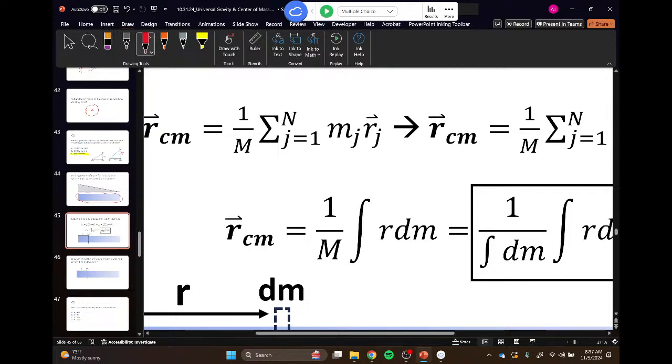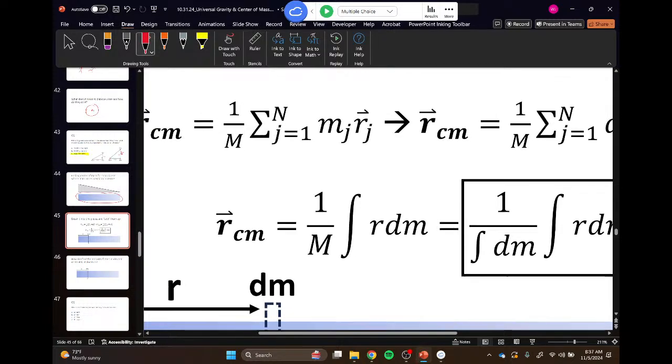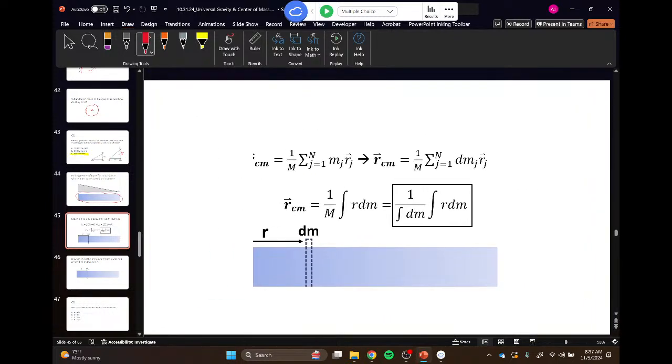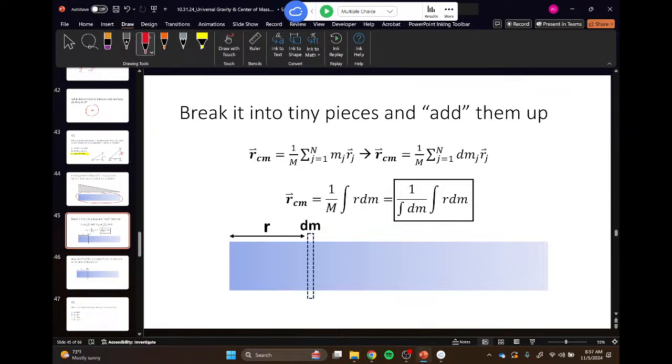And the problem is we also might have to figure out the total mass of the object, so we're going to replace that m with an integral of dm. If you integrate all the mass, you get the mass. Makes sense, hopefully. And here's a pretty picture showing this diagram where r is how far away you are, and dm is some mass in a slice of the thing.